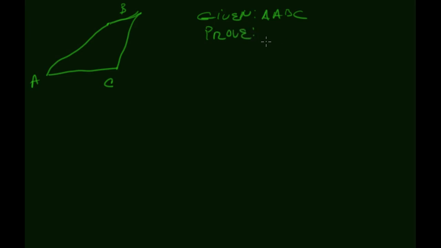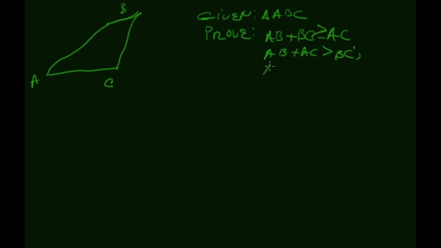AB plus BC has to be greater than AC. AB plus AC has to be greater than BC.